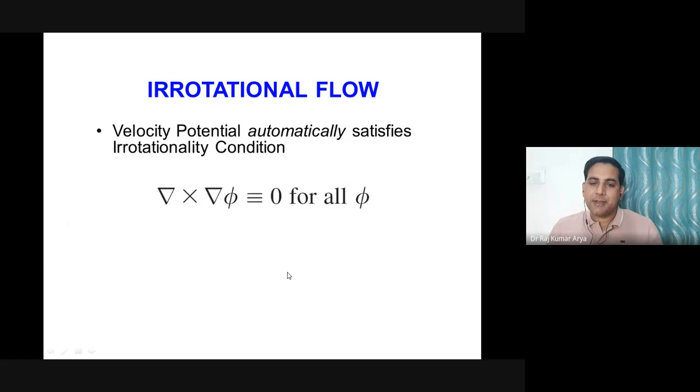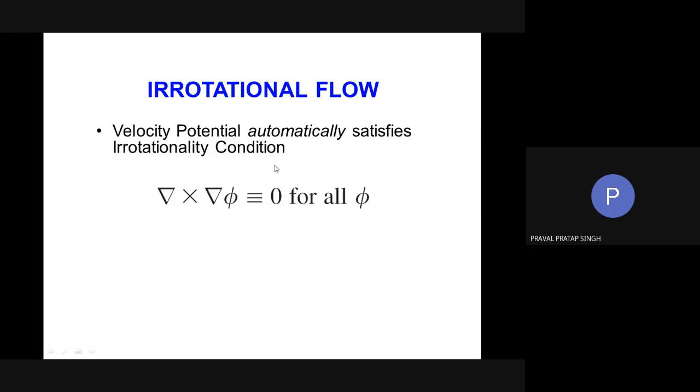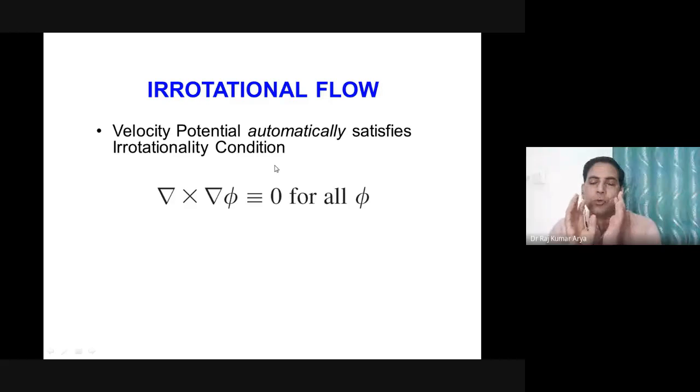Let's see what we can do from here. Let's say irrotational flow. We want to say that the irrotational flow, or the potential flow, automatically satisfies this. What we proved for rotational flow, we calculated angular velocity.